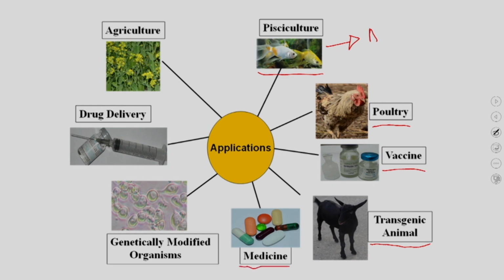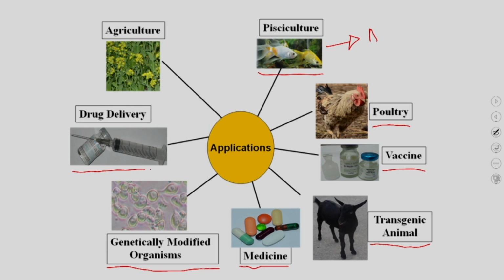Medicines they have anyway discovered, because with the knowledge of different types of drug targets as well as the bioactive molecules present in plants, they have been able to develop different types of medicines for taking care of diseases. Then there are genetically modified organisms. With the help of recombinant DNA technology as well as other biotechnology aspects, they are able to genetically modify a particular organism.